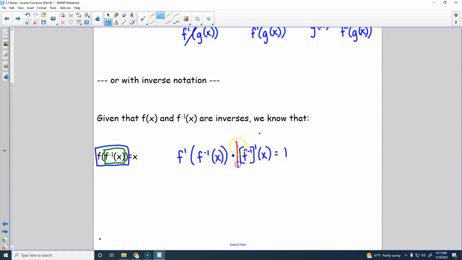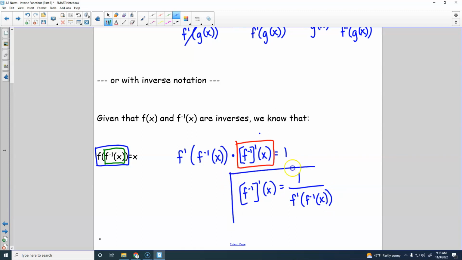So this is what we want to know, the derivative of the inverse. We would divide both sides here, and we would get F inverse prime of X equals 1 over F prime of F inverse of X. It's uglier, but I like this notation better.